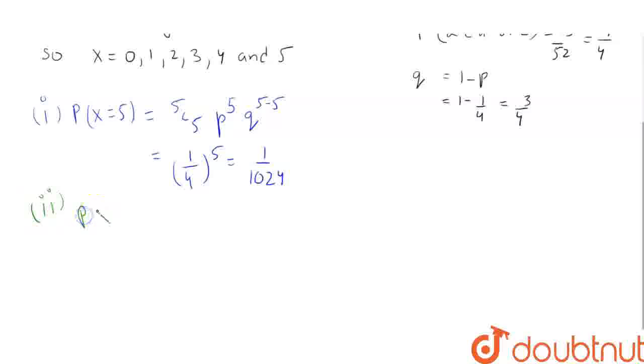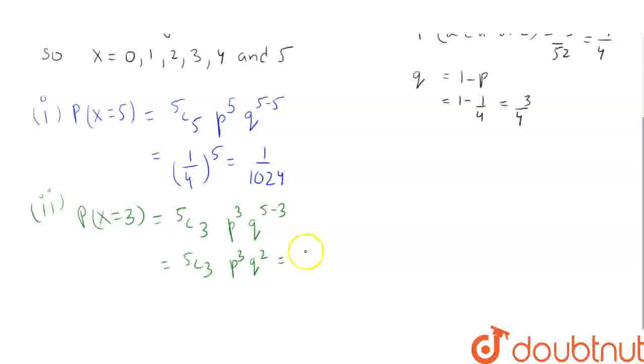Our second part is 3 cards are diamonds. X is equal to 3, that is nCr P to the power r and Q to the power n minus r. That gives 5C3 P to the power 3 Q to the power 2.